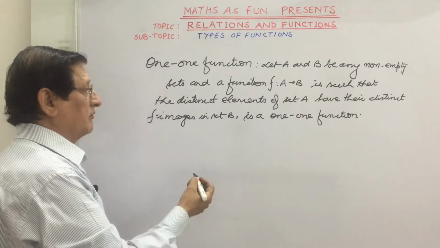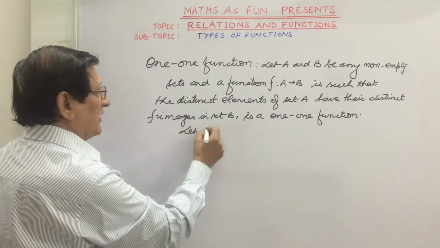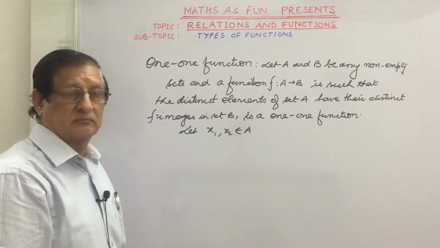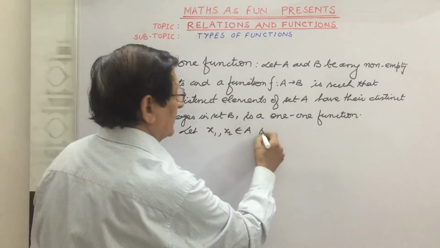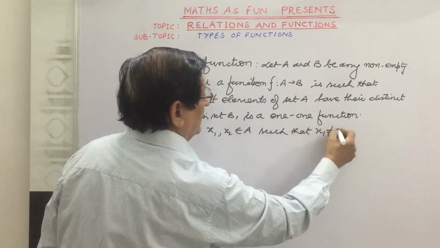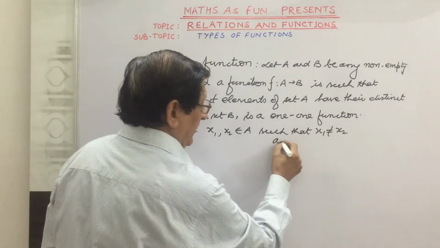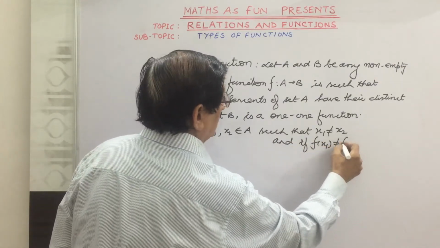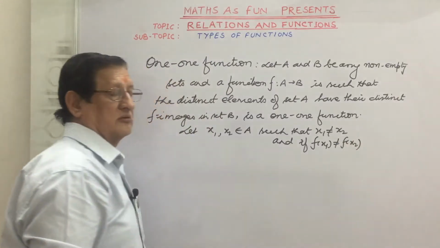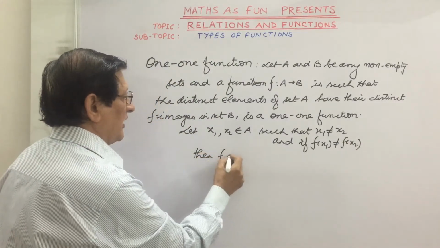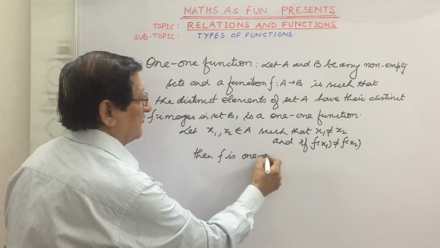We can also say that let there be any two elements x1 and x2 in A such that x1 is not equal to x2, and if f(x1) is not equal to f(x2), then we say f is one-one function.